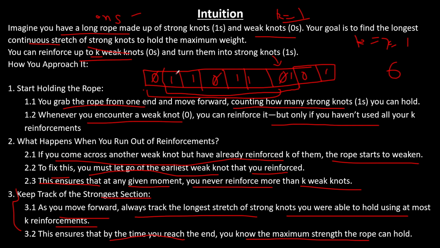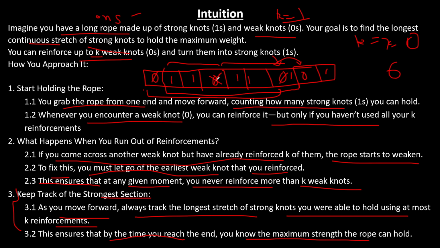Great. So what is the length now? It's 3, 3, 6, right? Now again he comes here, he sees that again I got a weak knot, but I have utilized all of my weak knots. So what will he do? His first thought is, what if I remove the weak knot which is present in this subsection of my holding, which is this.